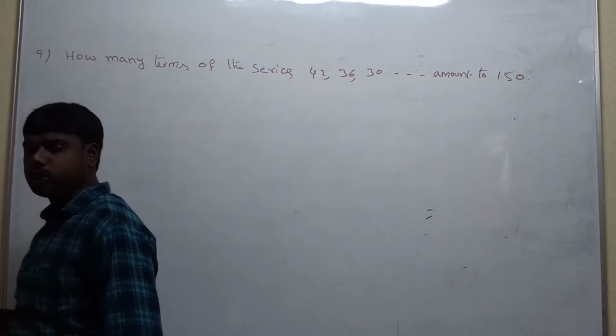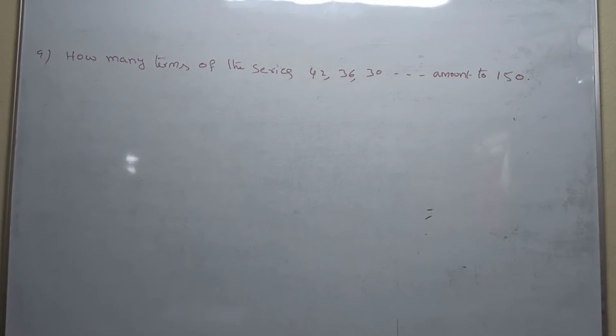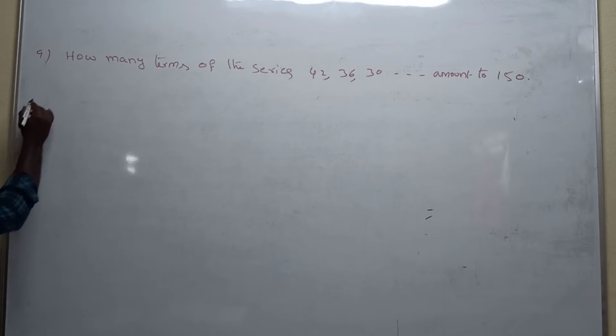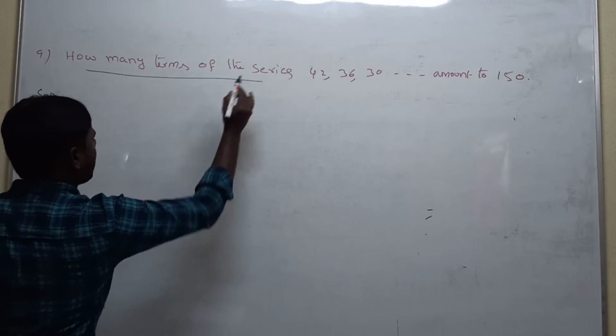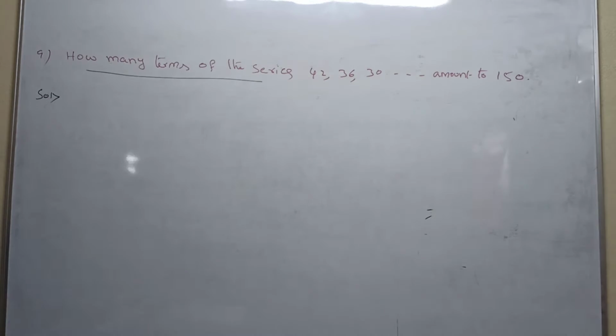Amount to 150 means the total sum will be 150. Don't be confused here. They are asking how many terms of this series, so we need to calculate the n value.